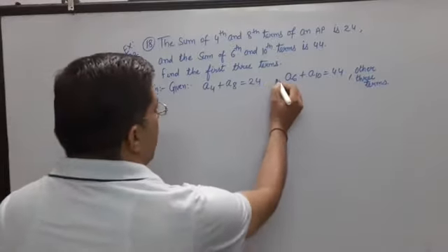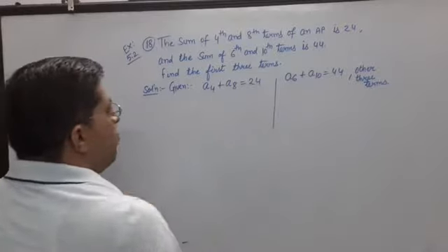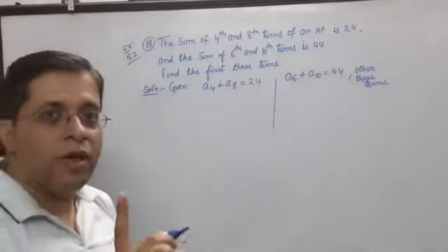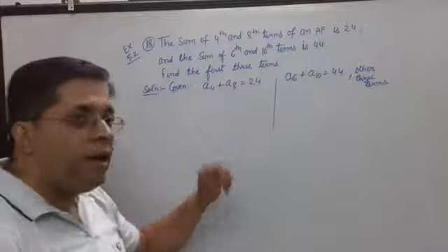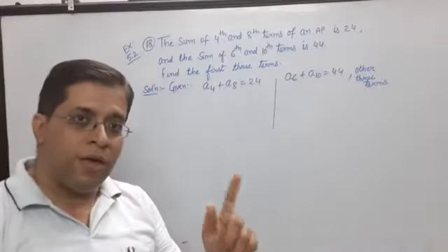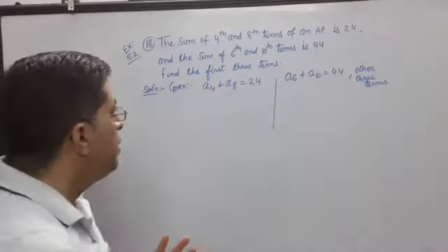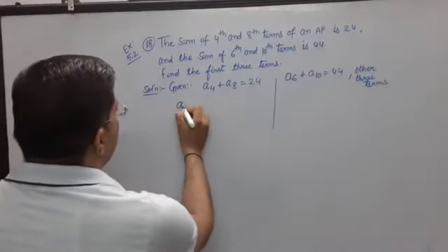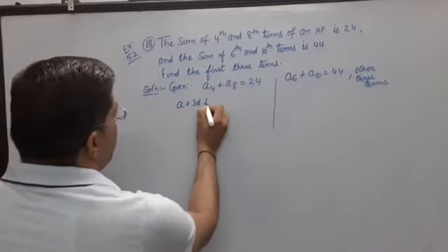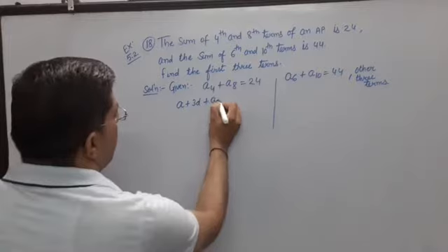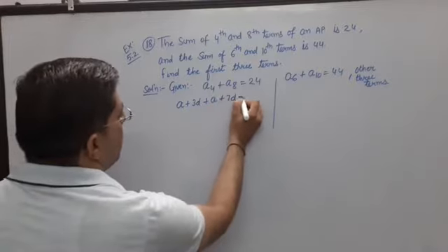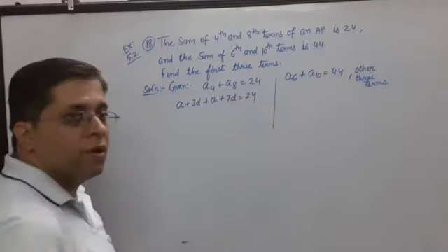I am drawing one line. A4 means A plus 3D. A8 means A plus 7D. It is 24. Clear?